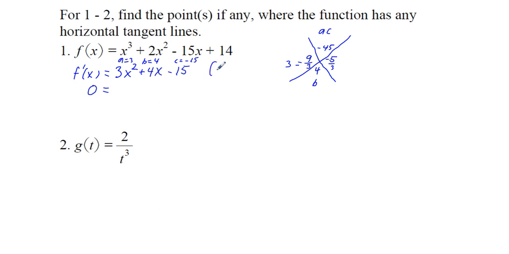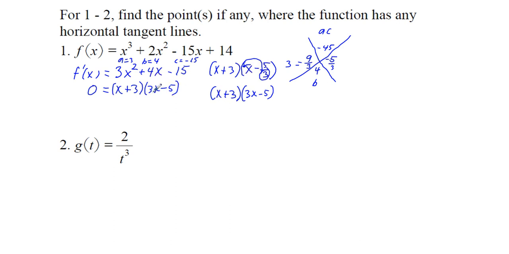So we have x plus 3 times quantity x minus 5/3. And using our bottoms up method, we take this 3 and bottoms it up here. So we're going to have quantity x plus 3 times quantity 3x minus 5.